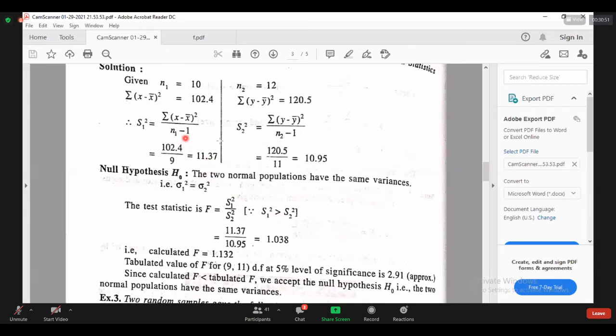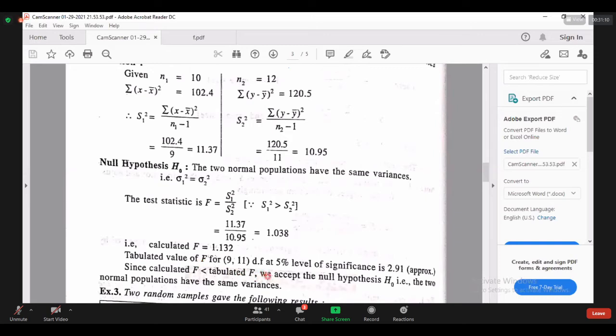See here, S1 square is greater than S2 square in our problem. So F calculated is S1 square by S2 square. Just substitute the values here and you can get the F calculated. F calculated is 1.03838. And just now I showed the table value for 5% level of significance and degrees of freedom 9, 11, which is 2.90 or 91.